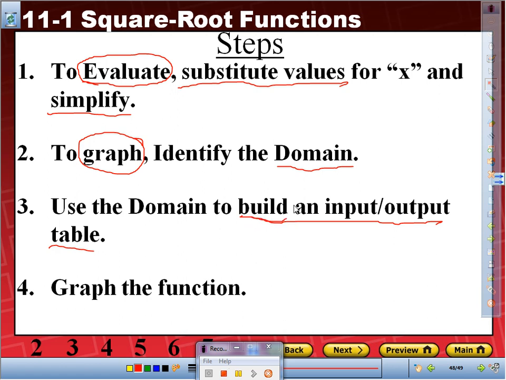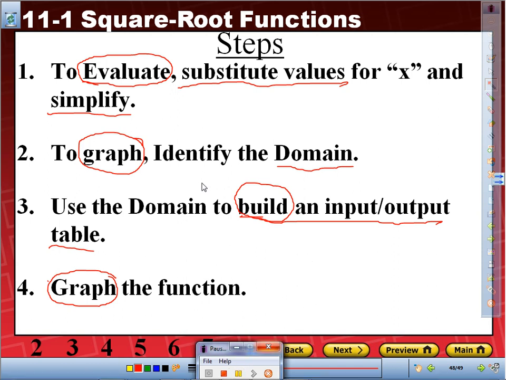I'm going to circle build an input-output table, using the domain. And number 4, pretty much we just graph by plotting our points and graphing our function. Okay, copy that.